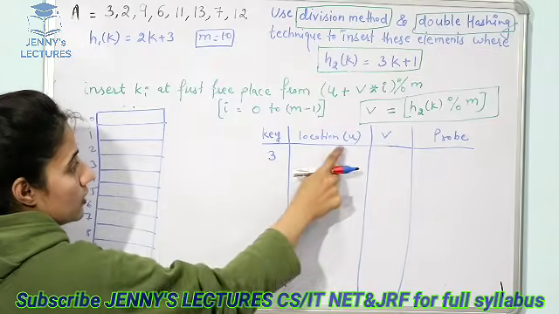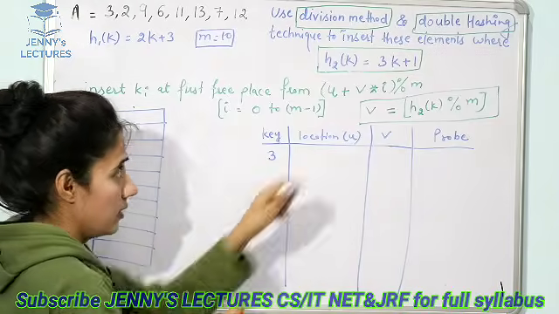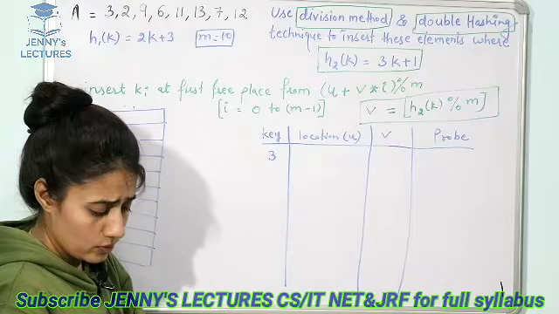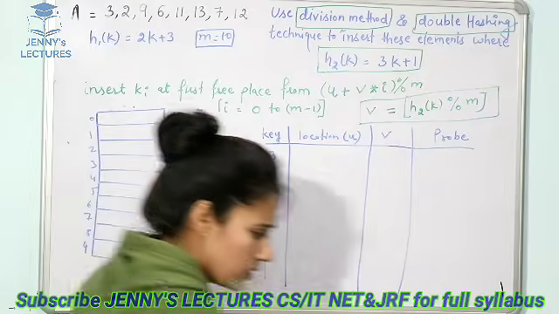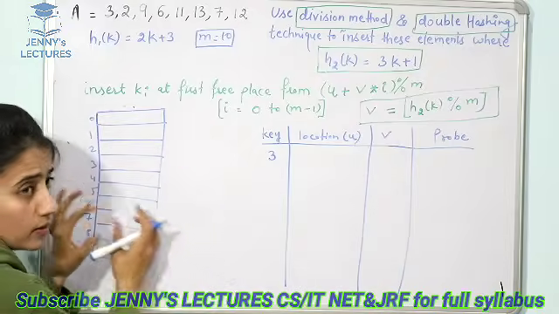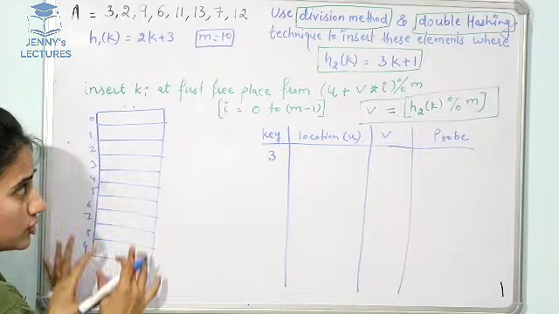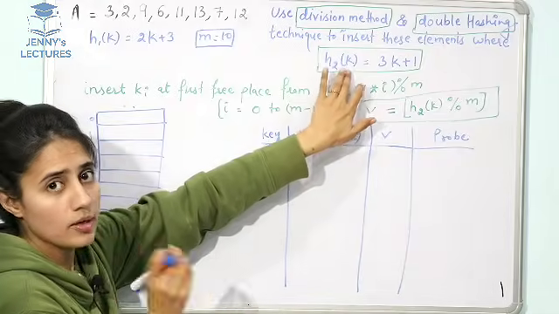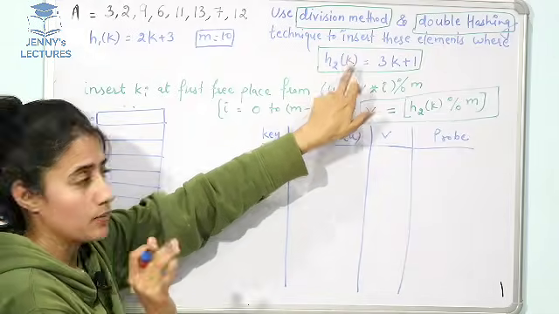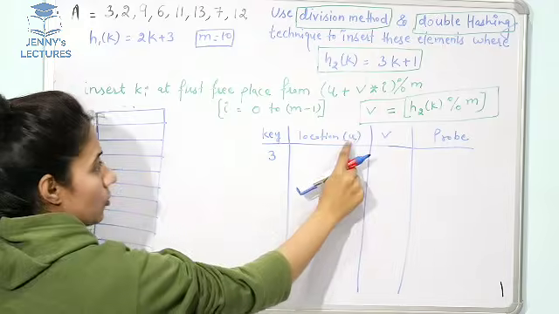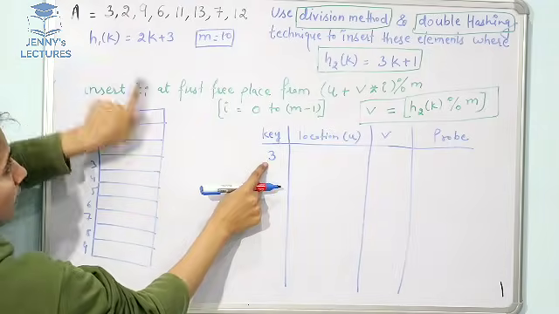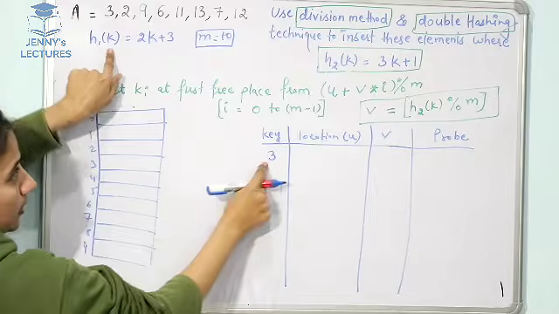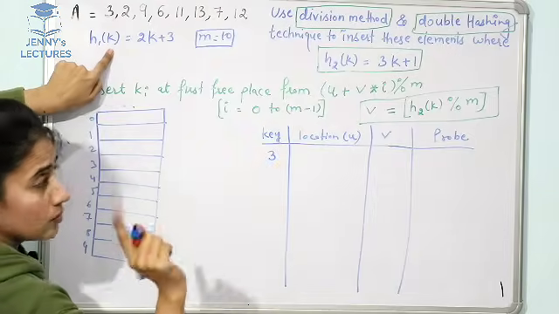Now for 3, what is the location? When there is no collision, you simply insert the elements into the hash table. We will apply h2(k) only when a collision comes. So for 3, find this location u. How will you calculate it? Apply the hash function h1(k); h2(k) will be applied only in case of collision.